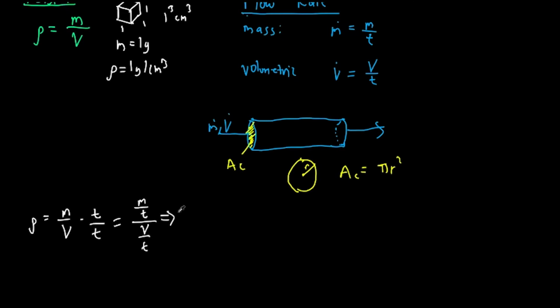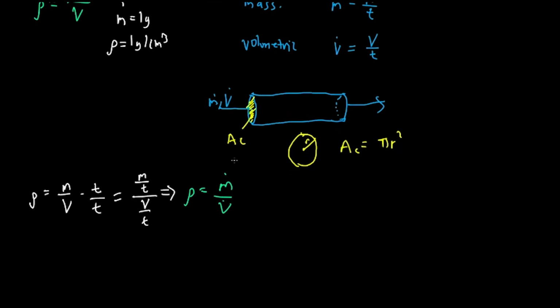So we have a nice little relation that can be useful later, saying that rho not only is mass over volume, but it's actually m dot over v dot. So it's not only the ratio of mass to volume, it's the ratio of mass flow rate to volumetric flow rate.